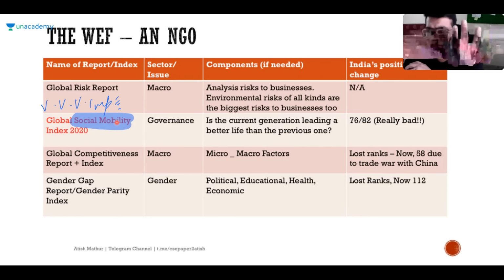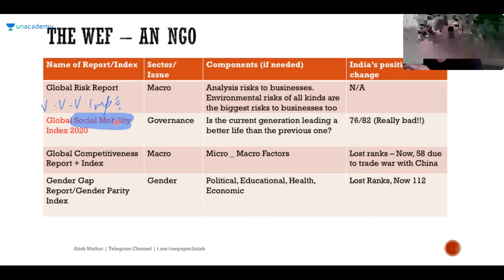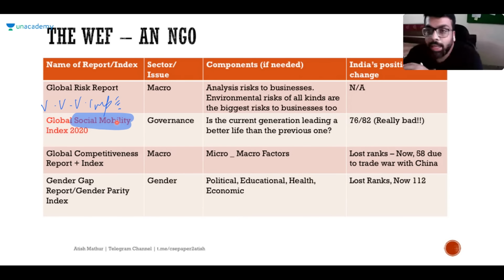Just for your information, the Scandinavian belt, Norway, Finland, always ranks at the top and is doing very, very well. So India is towards the bottom end. Norway, Finland, Sweden, other countries which are in the top 10, obviously because of their certain policies. Clear? So this is all you need to know as far as the global social mobility index is concerned.